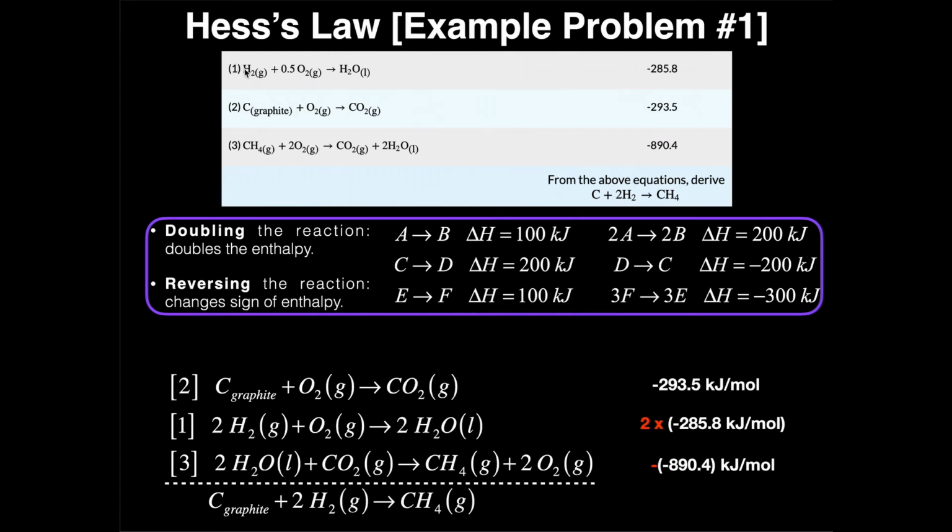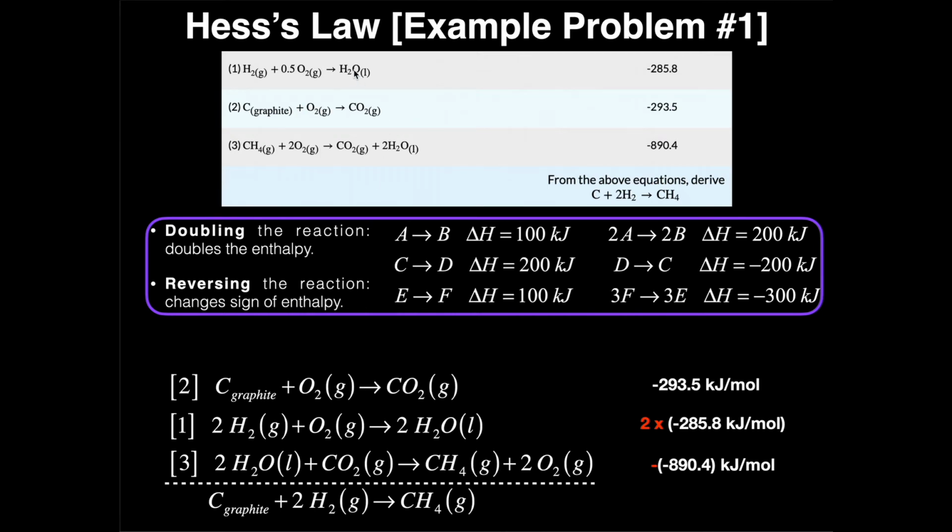Up here, hydrogen gas is also on the left side, so I'm not going to need to reverse this reaction. But is the coefficient the same? Well, in the master equation, it's 2 H2s. Up here, it's just 1. So what I'm going to have to do to this first equation is I'm going to have to double it, okay? And when I double it, this H2 in the gas is now going to be 2 H2 in the gas. This oxygen, which is 0.5 or half an O2 in the gas, is just going to go to 1 oxygen in the gas. All right?